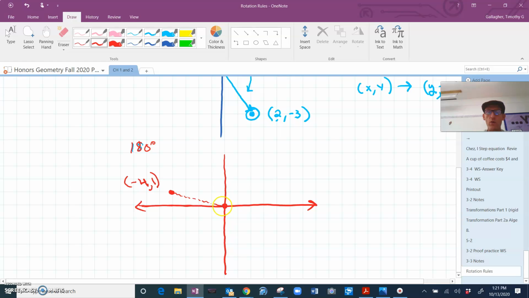Now, if we rotate it 180 degrees, counterclockwise first of all, this way, you can see that this point right here is the new point. That point right there is (4, -1).